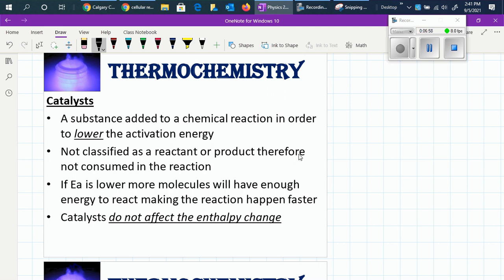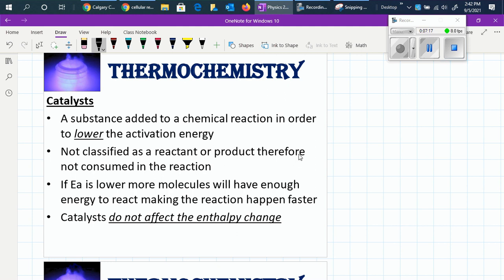They are not classified as a reactant or product. They are just present because they help make the activation energy lower, but they are like a spectator in the reaction.